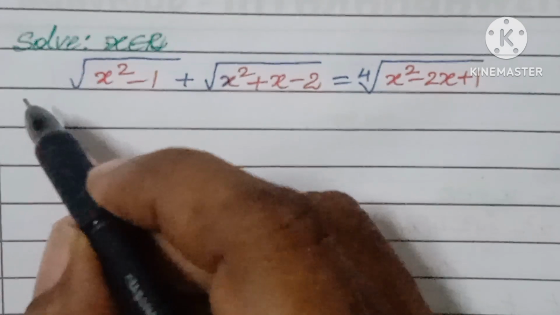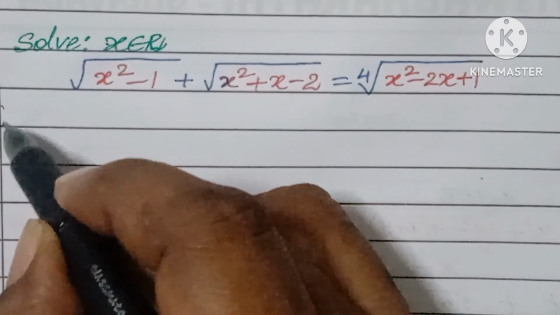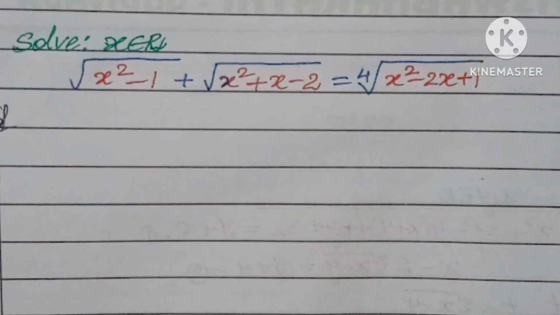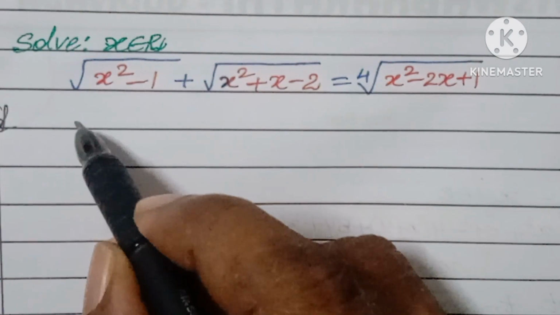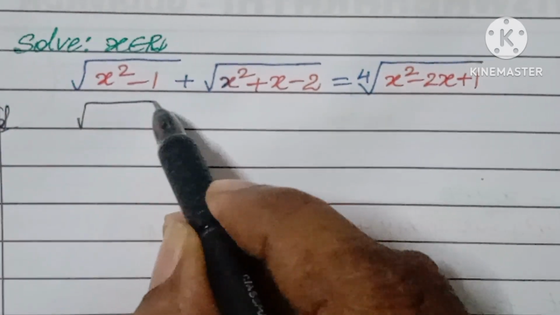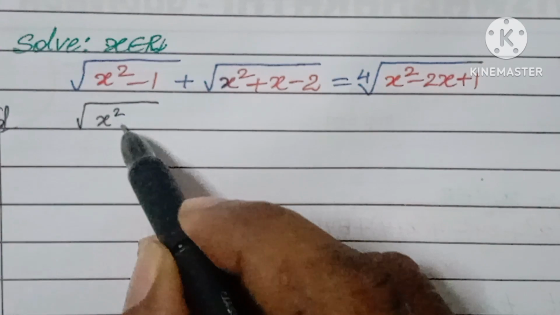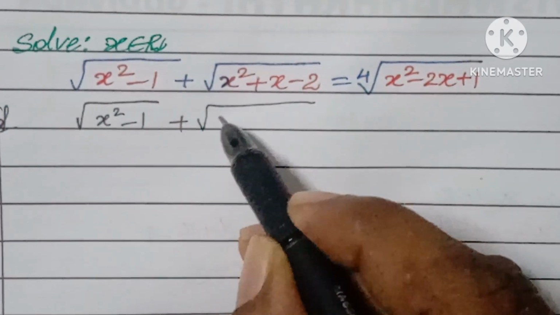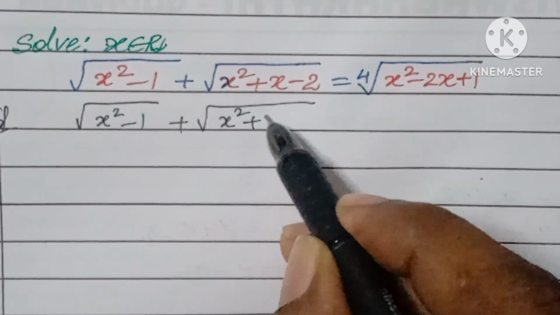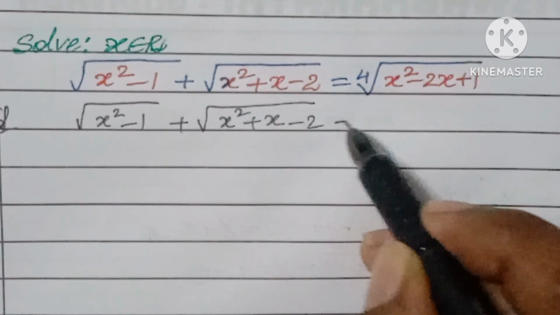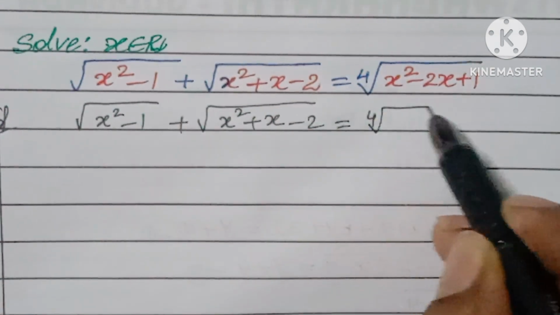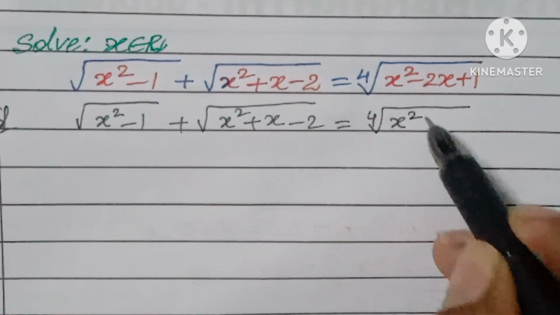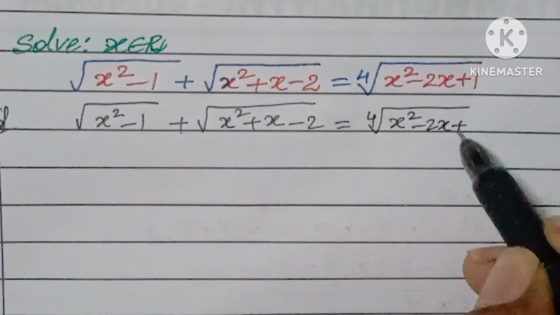So here, how to solve this problem? If you see, what is given? Square root of x squared minus 1 plus square root of x squared plus x minus 2 is equal to the fourth root of x squared minus 2x plus 1.